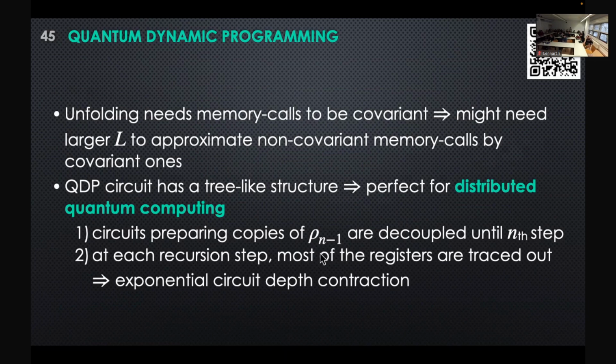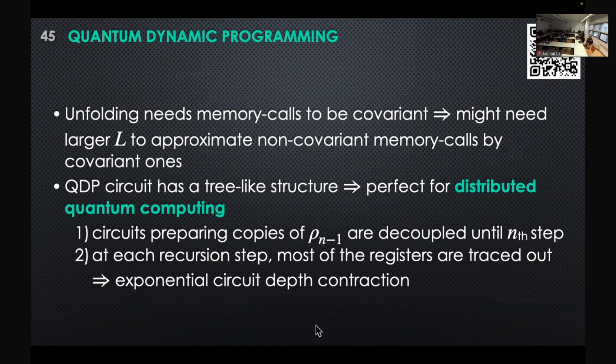So in principle, if you imagine this distributed scenario, they can be prepared in different quantum hardware and just teleported back when they are needed. And they are needed only once for the algorithm. At each recursion step, at each memory usage query, we take these two states, interact them and trace out one of them.